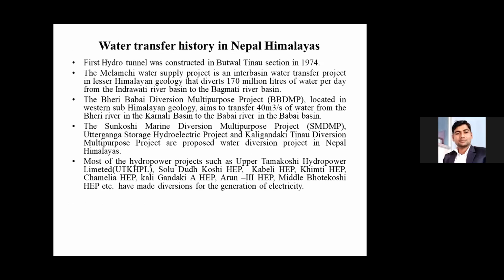Firstly, the history of water transfer in the Nepal Himalayas started from 1974. It started in the Tarai section, the Butwal Tinau section, as a hydro tunnel, and gradually the interbasin concept was also introduced.